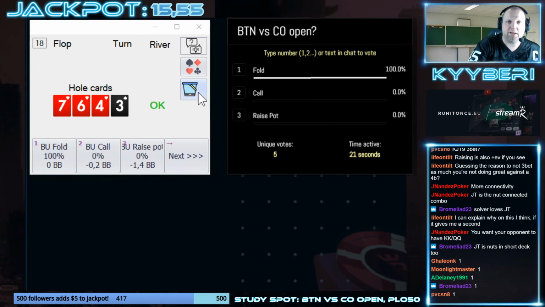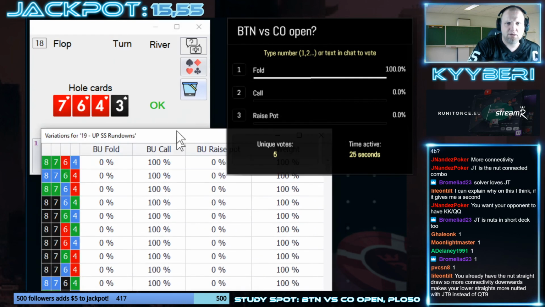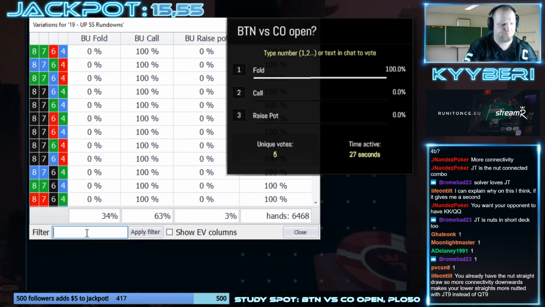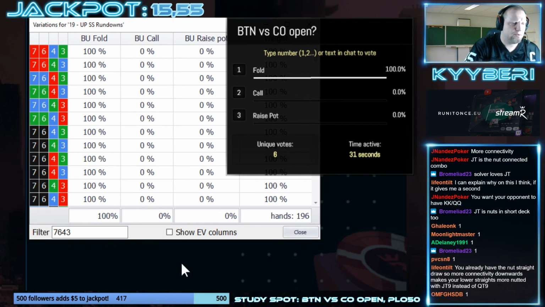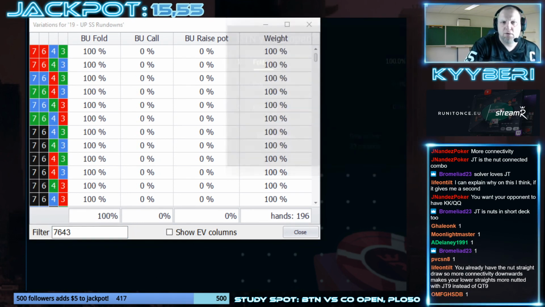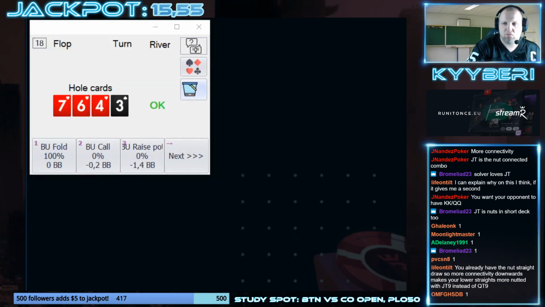Everyone folds, but what if it's single suited? 7-6-4-3. So 7-6-4-3 is a fold, even single suited. Well, okay.